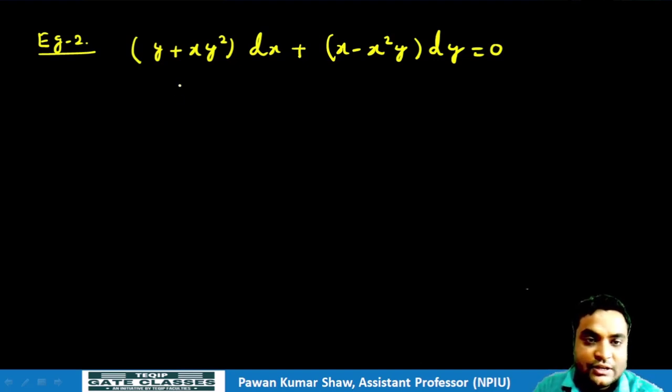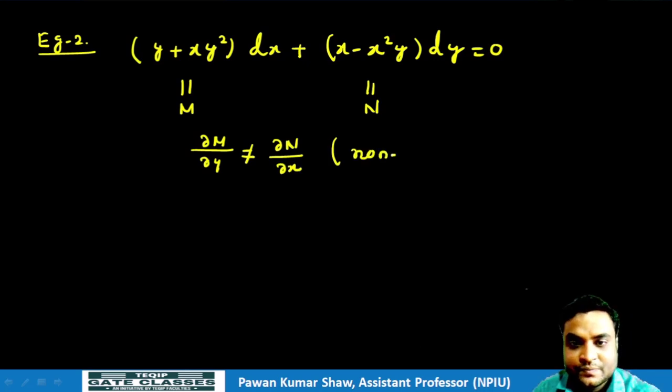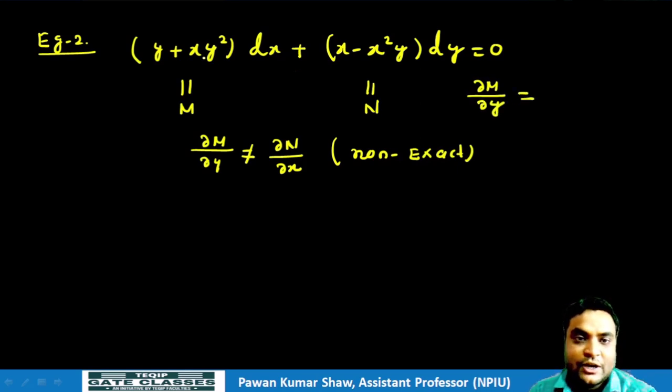Okay, if you check, this will be our M and this will be our N. In that case del M by del y is not equal to del N by del x. That will represent that the equation is non-exact. How am I saying that this is non-exact? Because M is y plus xy square.